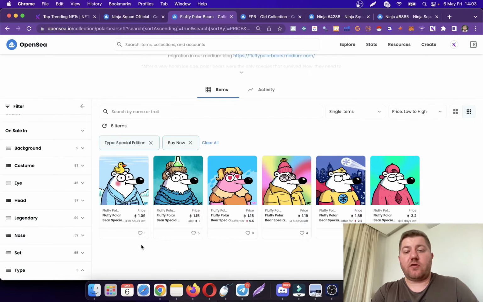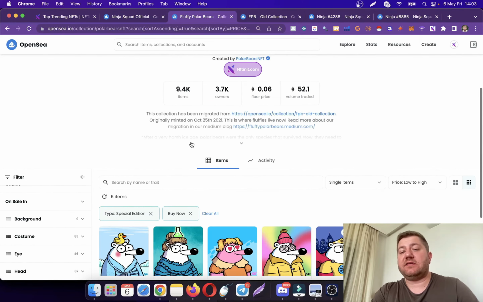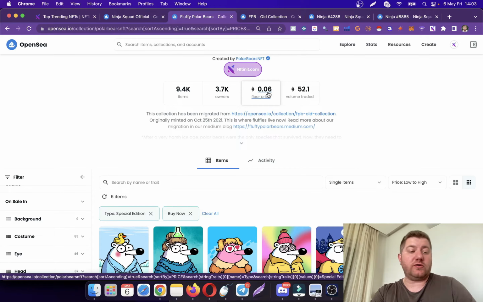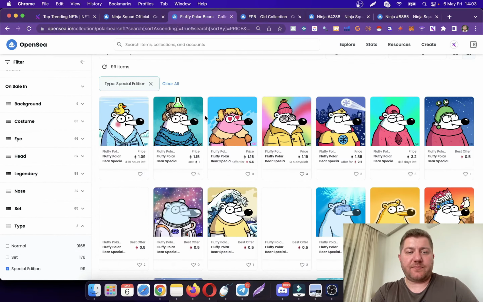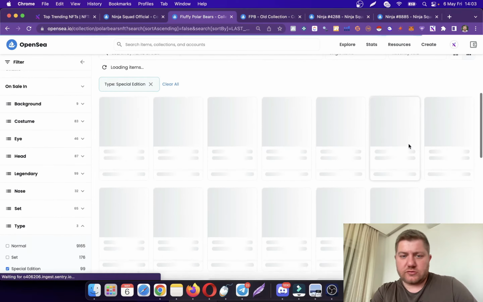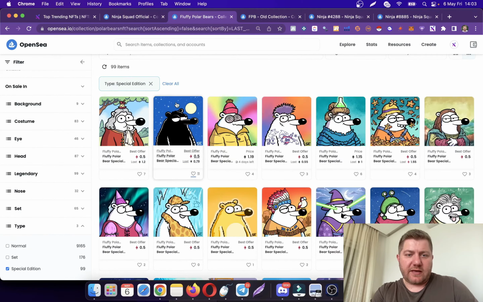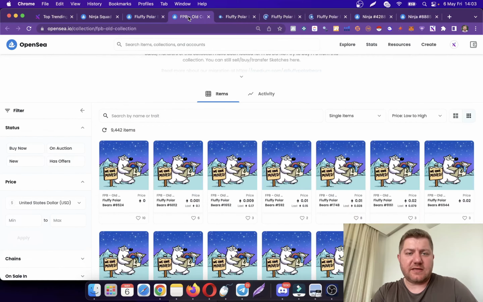As you see here, the floor price of the special editions is actually over 1 Ethereum, even though the floor price of the collection is 0.06. Let me just show you some recent sales here. I think these ones were actually recently sold for offers.